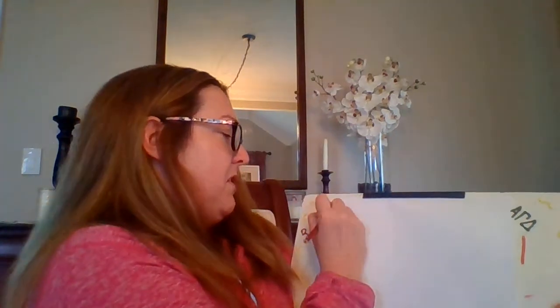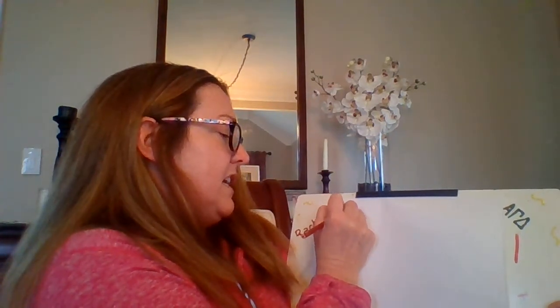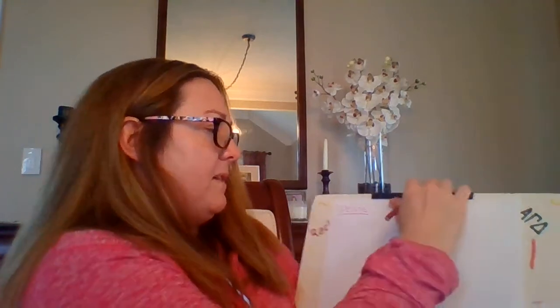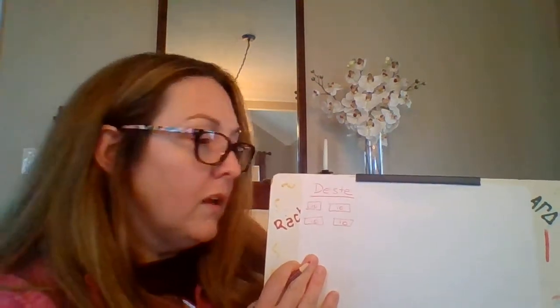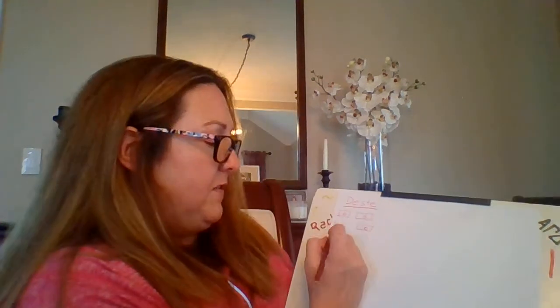Dusty has, I'm going to write her name up here, D-E-S-T-E. That way I can keep this all straight. Dusty has 4 $10 bills. So 10, 10, 10, 10. She also has 6 $5 bills.